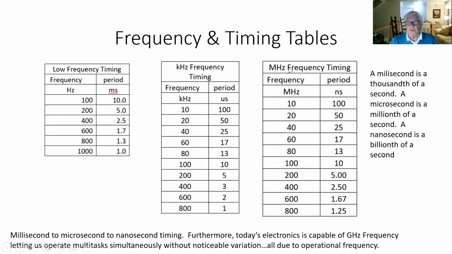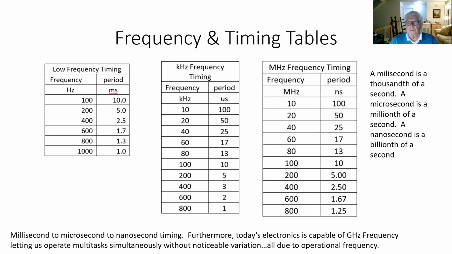Then the next step is to go to higher frequency, megahertz frequency. We can start at 10 megahertz, go up to 800 megahertz. The period that corresponds to these frequency ranges is measured in nanoseconds, or 1 billionth of a second.